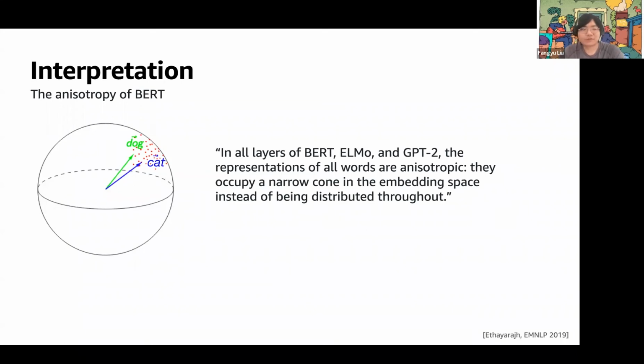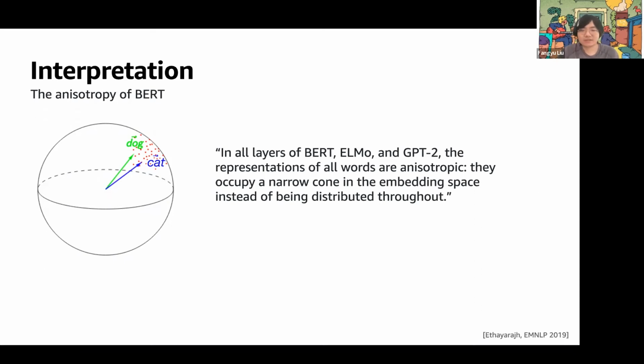That means if you try to use BERT to embed any types of text, whatever text you input to the model, their embeddings look insanely similar to each other. For example, for GPT-2, on average the cosine similarity of any input text would be above 99%.